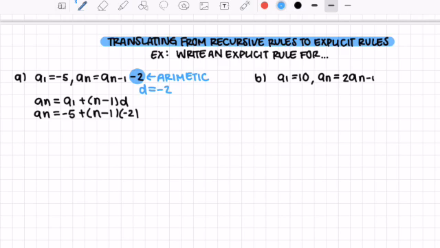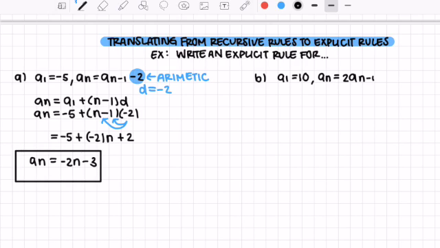And so all I'm going to do is simplify it now. So distribute the -2 to both terms. That gives me -5 plus -2n plus 2. And then I get -2n minus 3 as my final answer. Okay, that would be my arithmetic formula or rule.